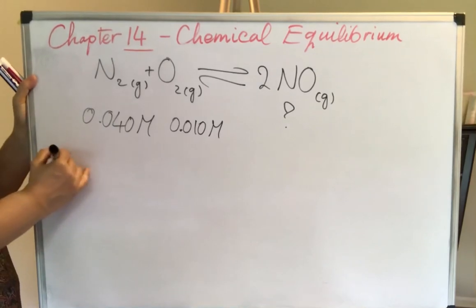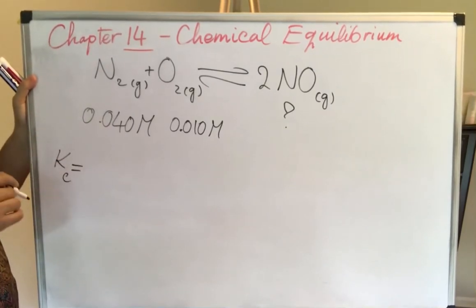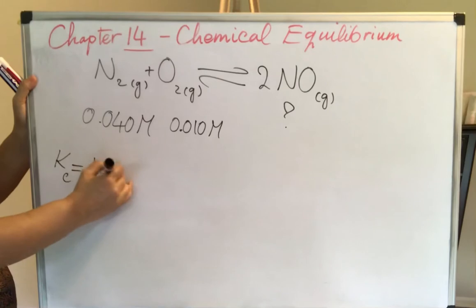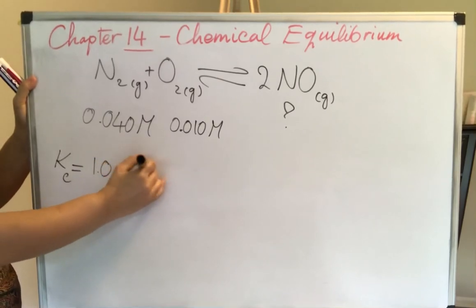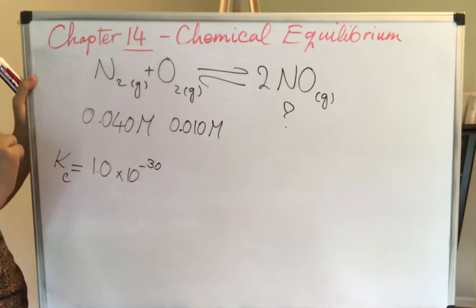The equilibrium constant is given at this temperature, which is 1 times 10 to negative 30.